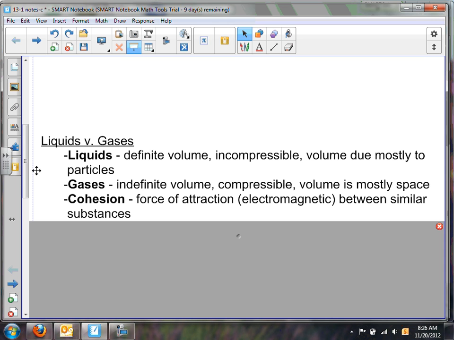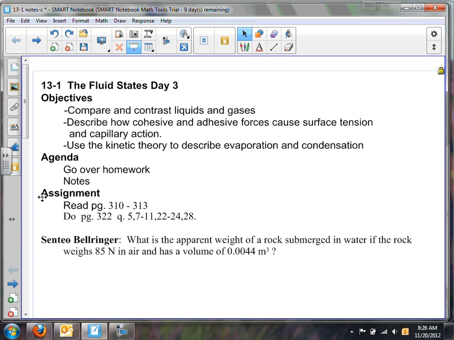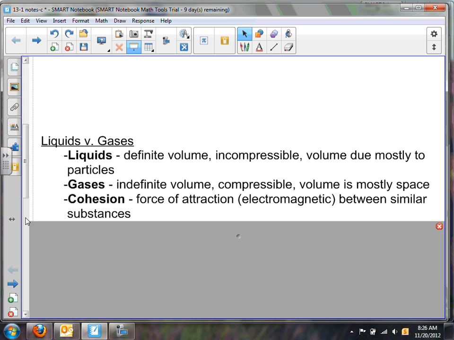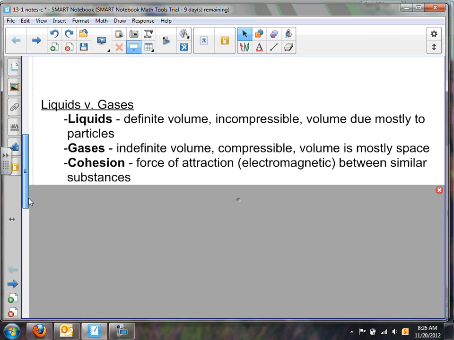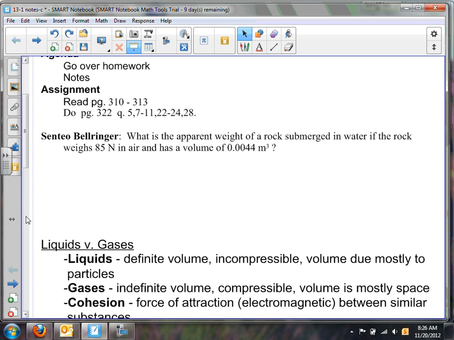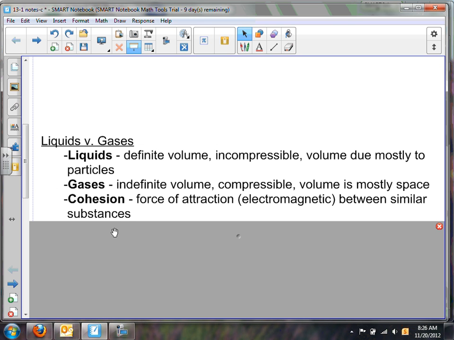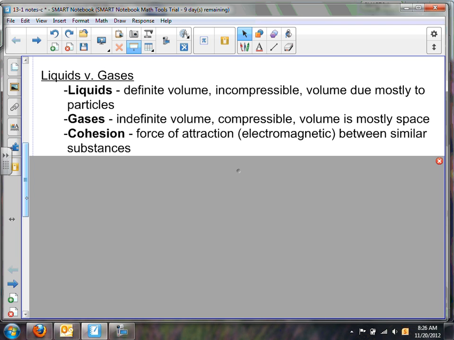Cohesion is just a force of attraction between similar substances. And this would be an electromagnetic force. But cohesive force, water will attract other water molecules due to cohesion.